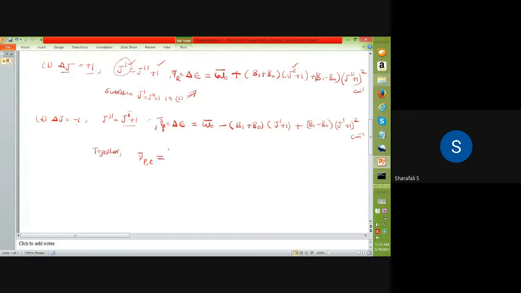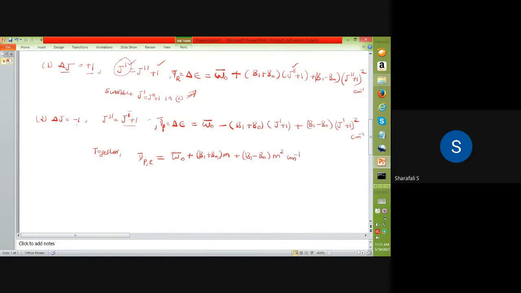So mu bar p comma r will be equal to omega 0 bar plus b1 plus b0 times m plus b1 minus b0 times m squared. So this much in centimeter inverse.